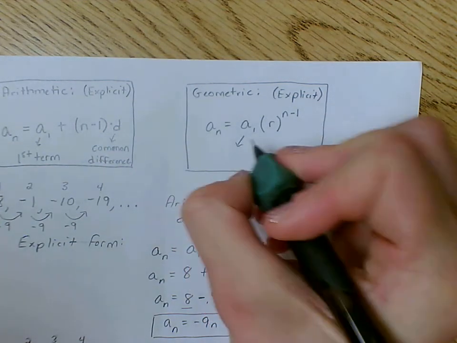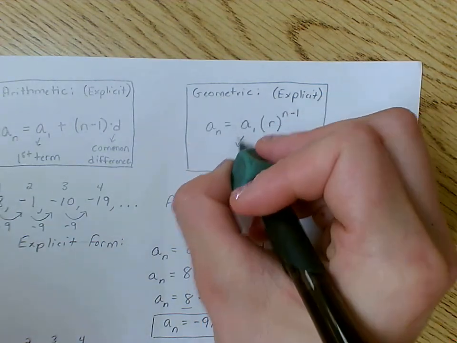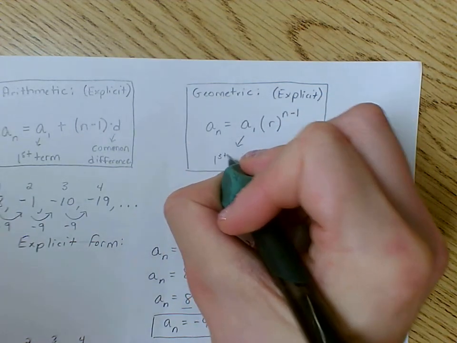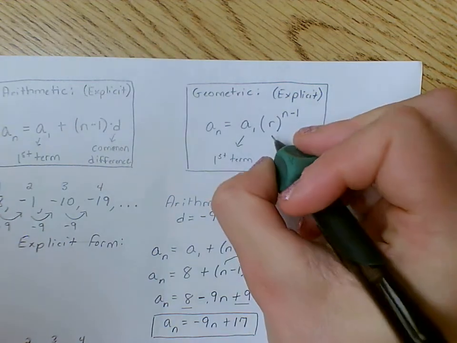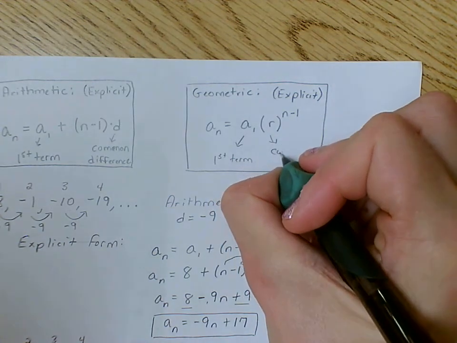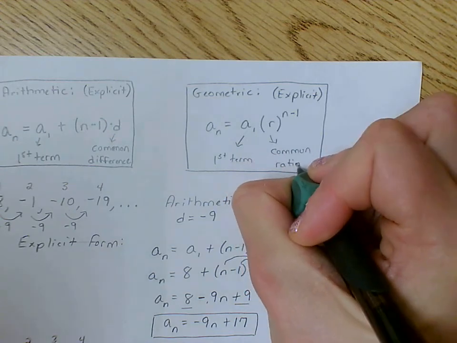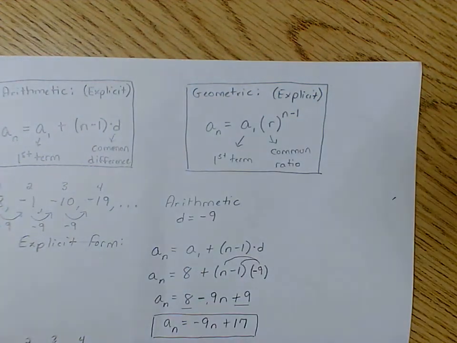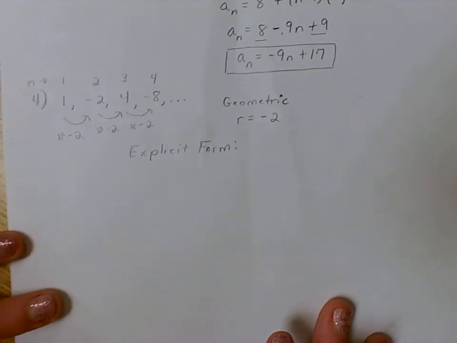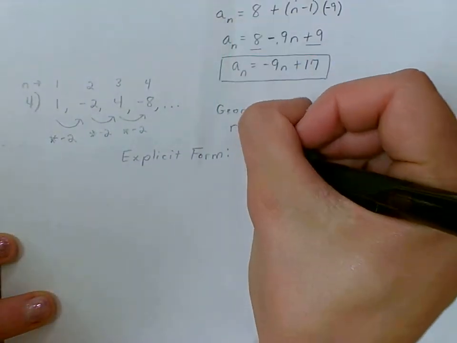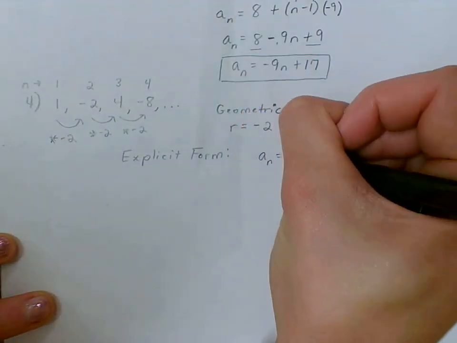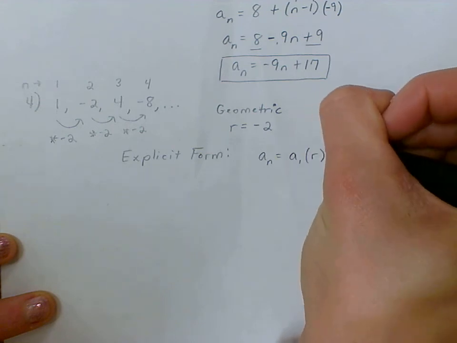But to write the explicit form of a geometric sequence, you're going to take your first term, plug it in, and then you're going to take your common ratio, which is the number that you're multiplying by, and plug that in, and then you just write that part out, and that would be your equation, okay? So the explicit form, we're going to plug it in this equation, okay?